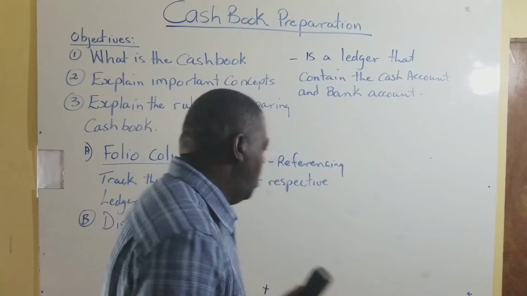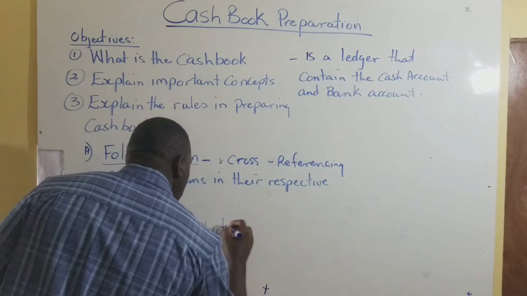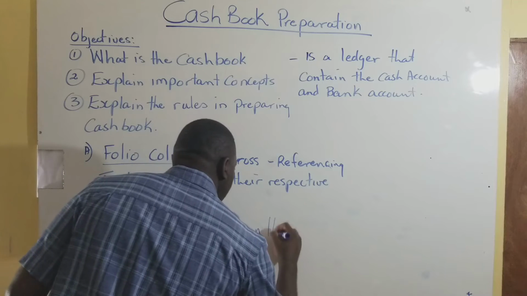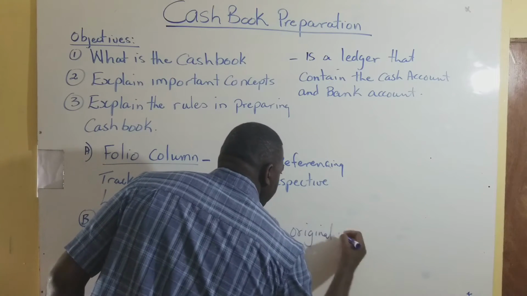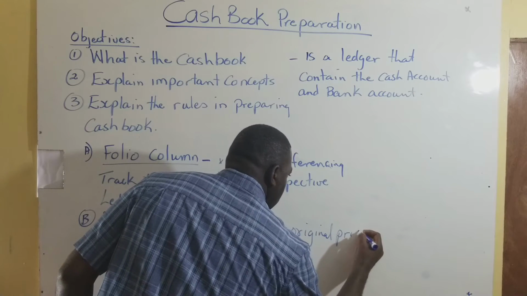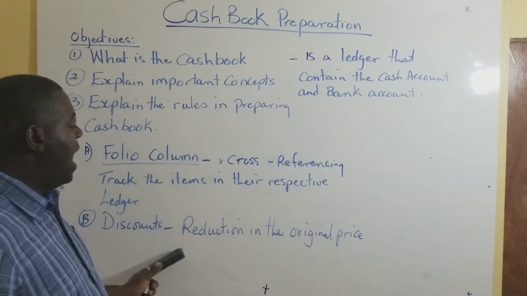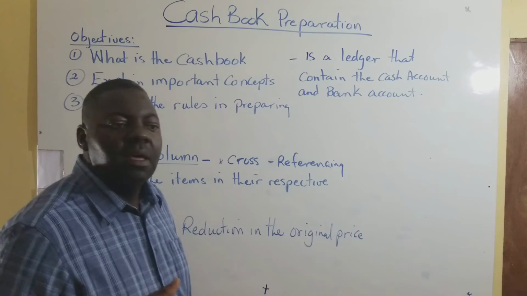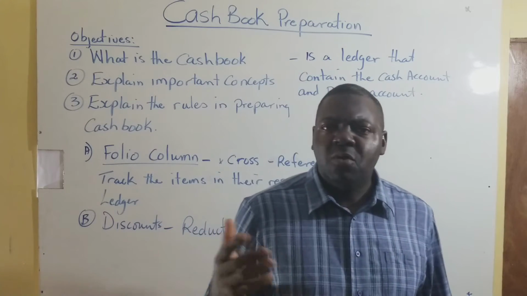And so when we give a discount, we're doing a reduction in the original price. So we are reducing the original price of the goods for a couple of reasons.